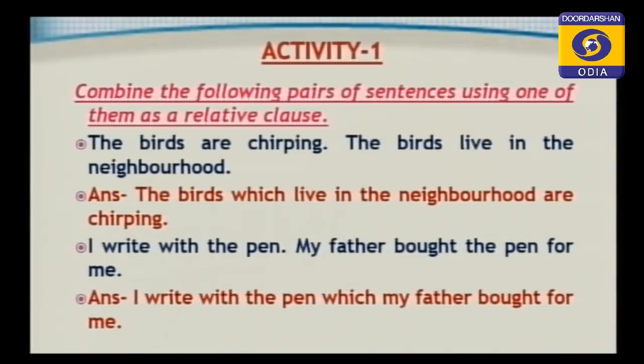Here, the appropriate relative pronoun is which or that. You write this sentence like this: which live in the neighborhood, that live in the neighborhood. And take this portion and use it after the first noun phrase, the birds. The birds which live in the neighborhood. Then complete the first sentence: are chirping. The birds which live in the neighborhood are chirping.